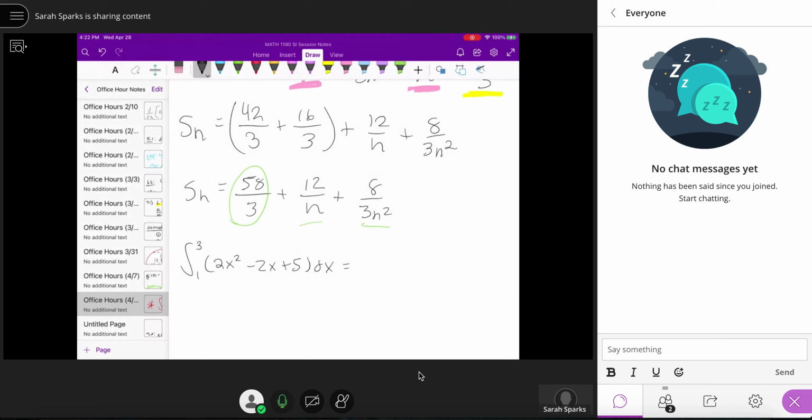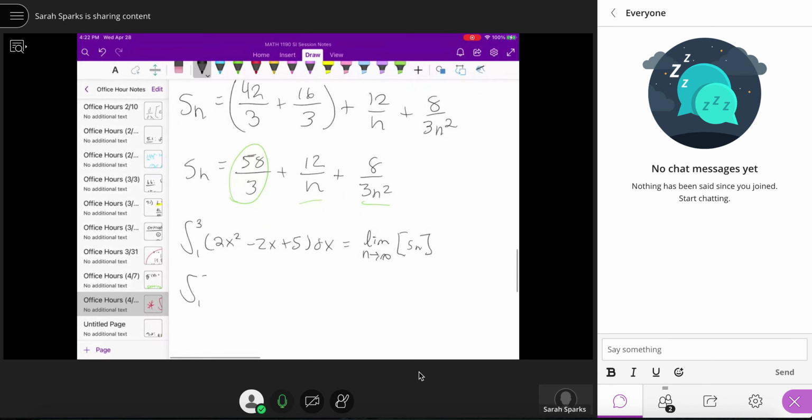Alright, so we know that this integral is going to be equal to the limit as n goes to infinity of s of n, which is 58 thirds plus 12 over n plus 8 divided by 3n squared.